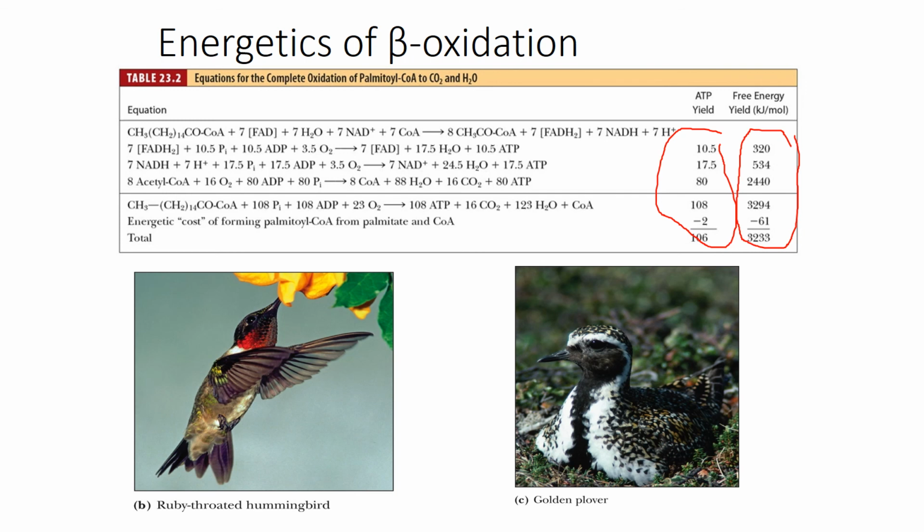So free energy from beta oxidation, in total, 3,233 kilojoules per mole and 106 ATP molecules. Pretty incredible.